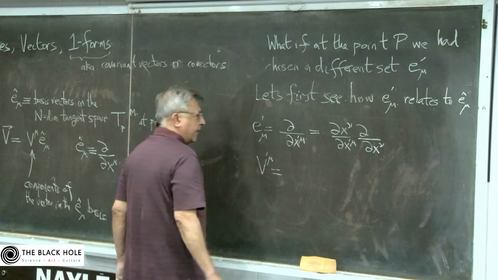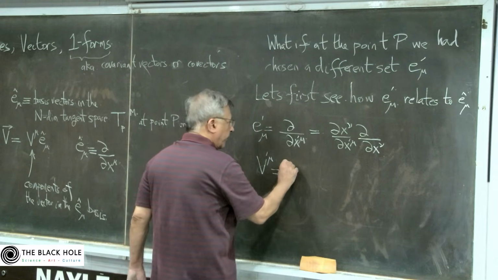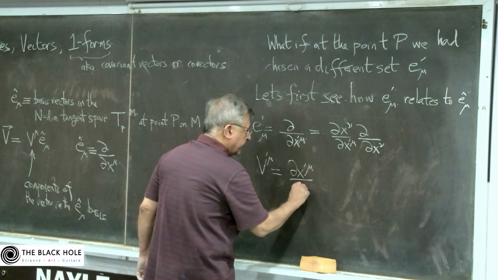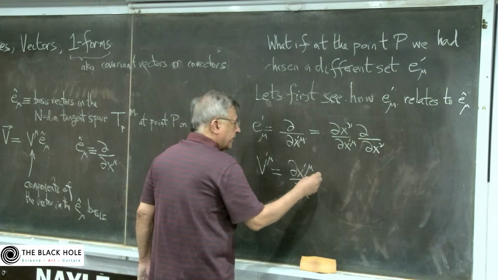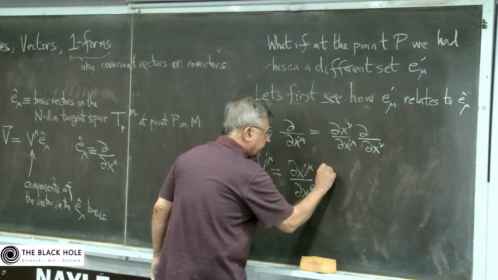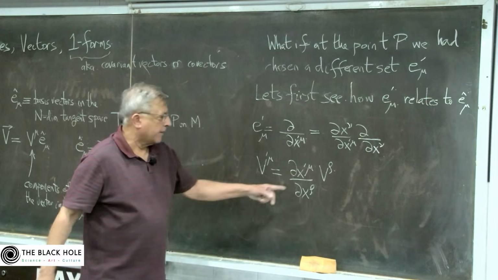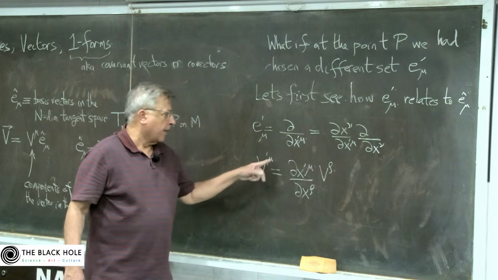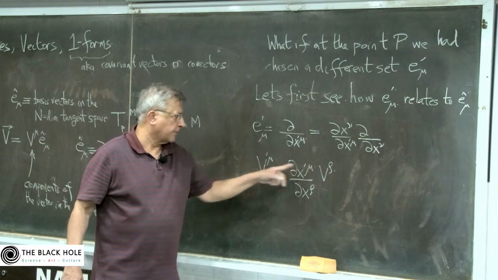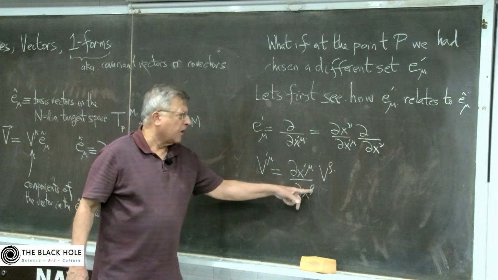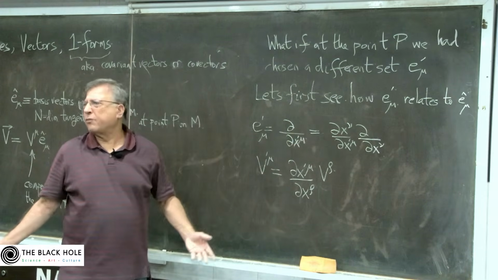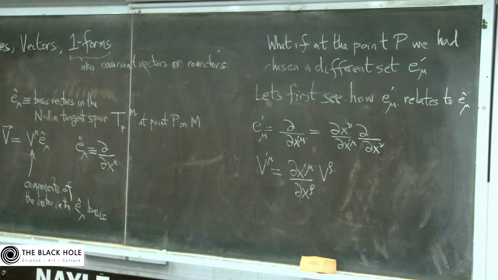V mu prime, on the other hand, in the unprimed coordinates, V rho are the components. I could have called this mu, but then we would be repeating indices, so why not call it this?